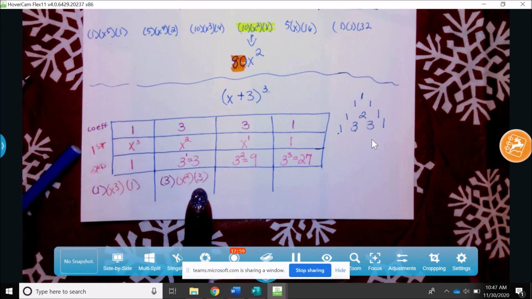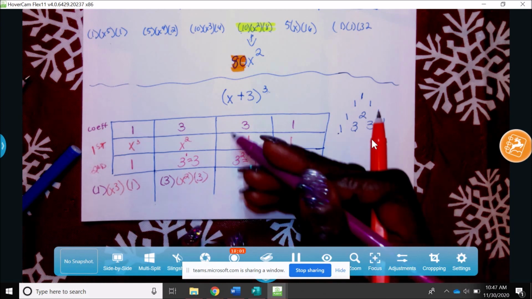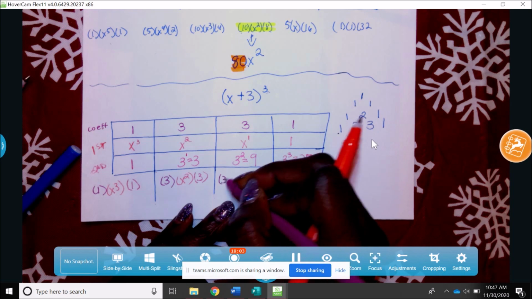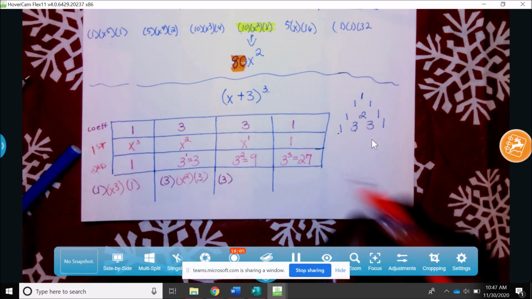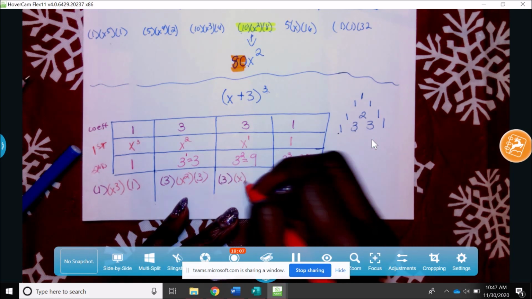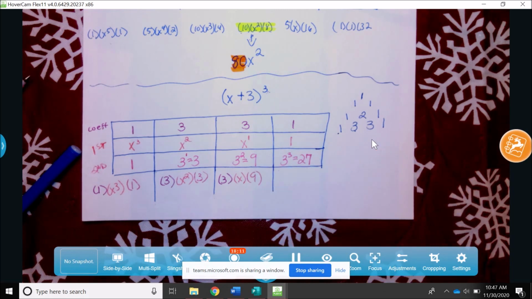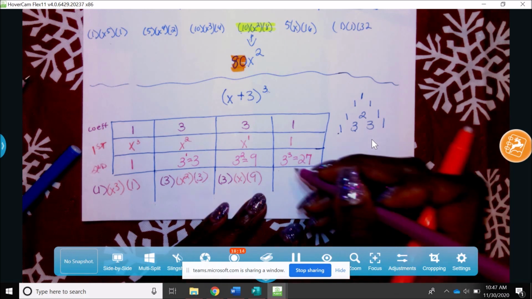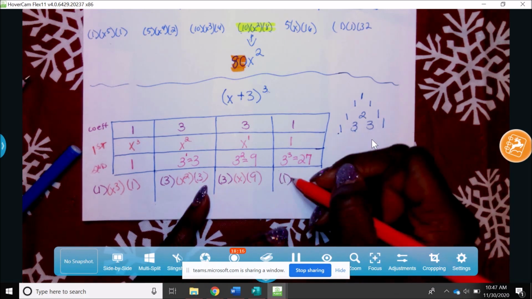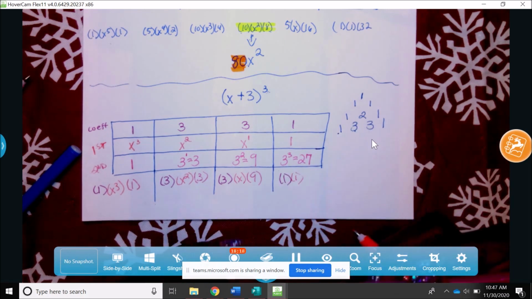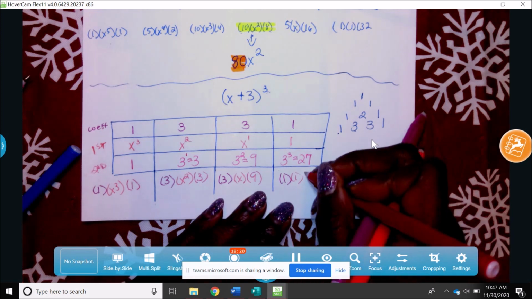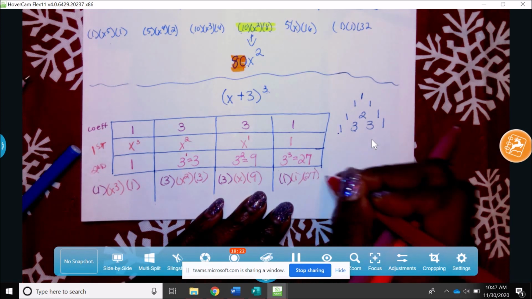It won't always be that way, depending on the number, depending on the second term. 3 times x to the first is just simply x, times 9. And then 1 times 1 times 27.